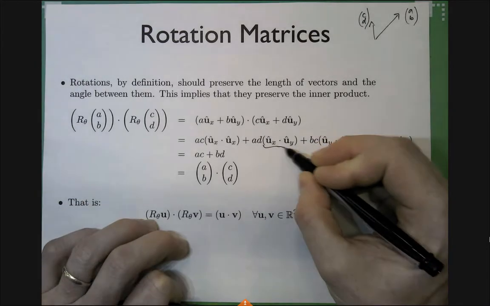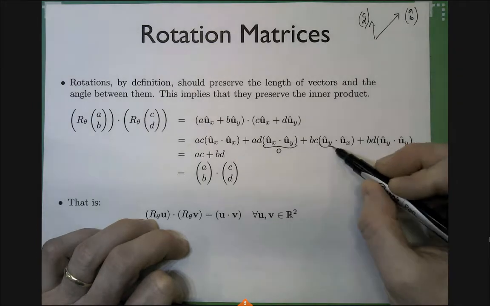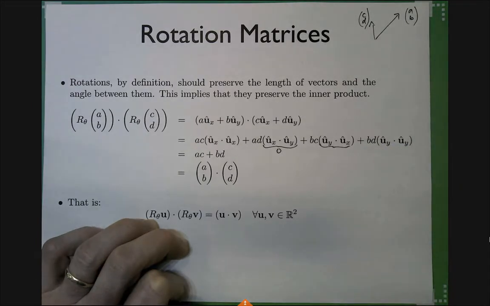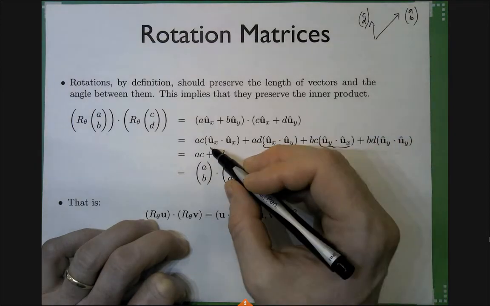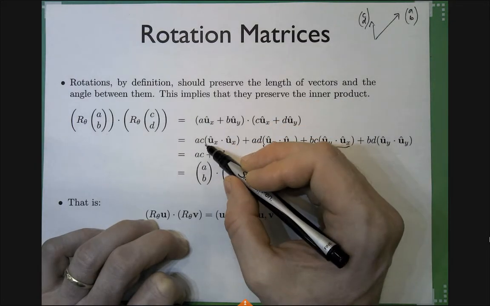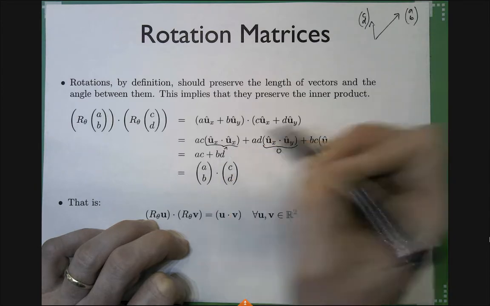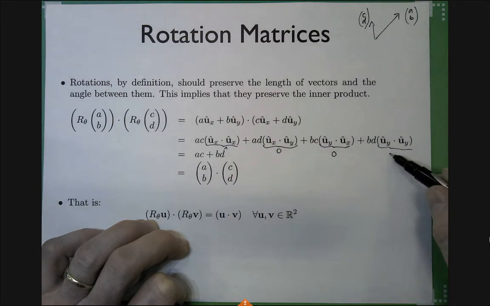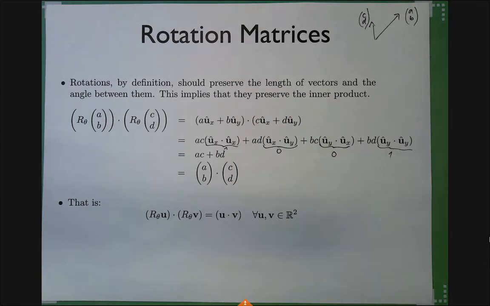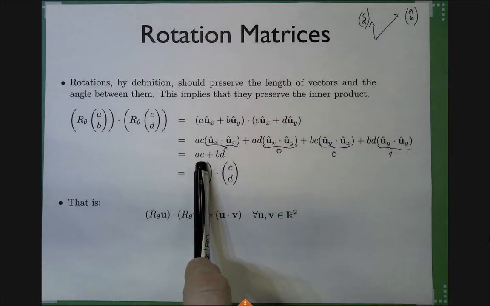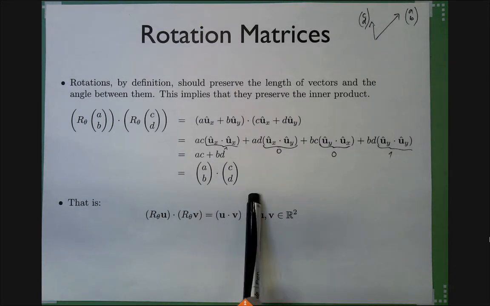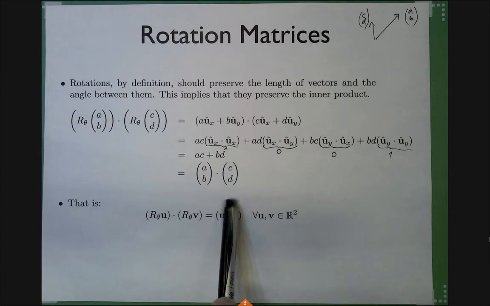Same thing here, uy dot ux, again, the dot product is commutative, also 0, goes away. And ux is a unit vector, so ux dot ux is 1. Same thing, uy dot uy is 1. Okay, everybody follows? So this reduces to AC plus BD, which is nothing but the dot product of (A, B) and (C, D).